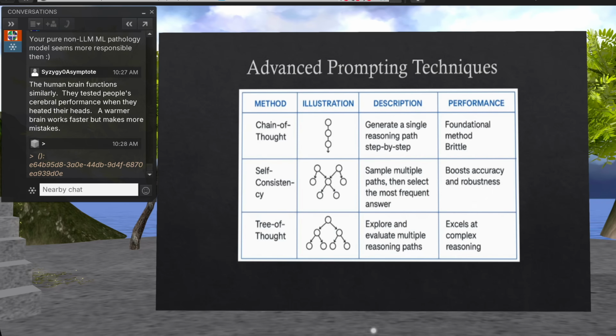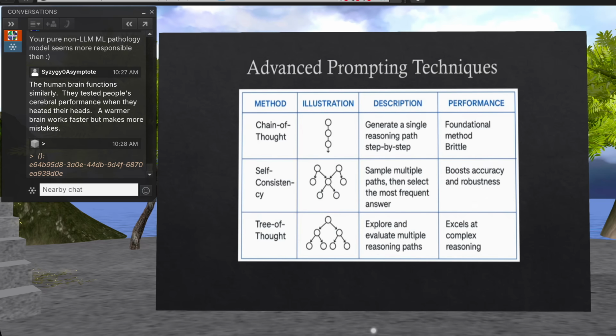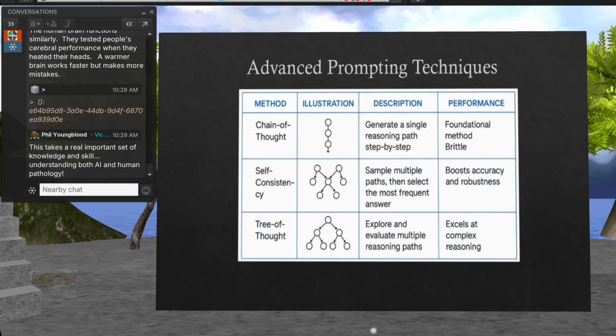The other thing that was also introduced quite recently is a set of advanced prompting techniques called chain of thought, self-consistency, and tree of thought. If I want to look at certain reasoning for certain outputs, I don't know if you guys have used ChatGPT's reasoning feature, but quite recently, when I think ChatGPT version 4 was released, a feature was introduced where the LLM sort of thinks before it gives you an answer.